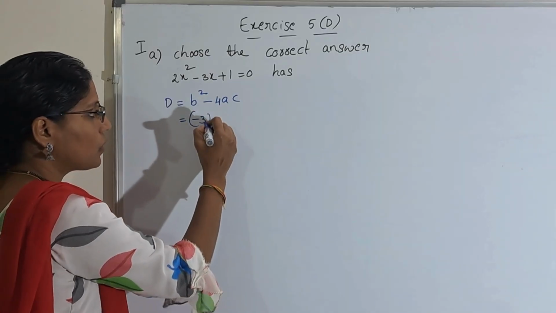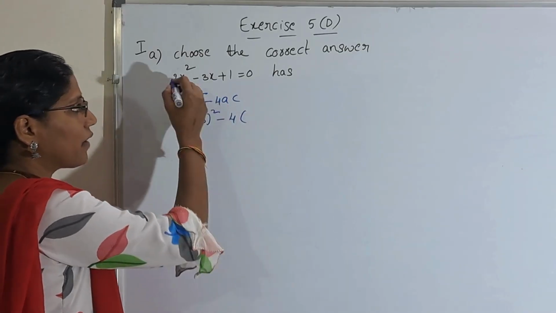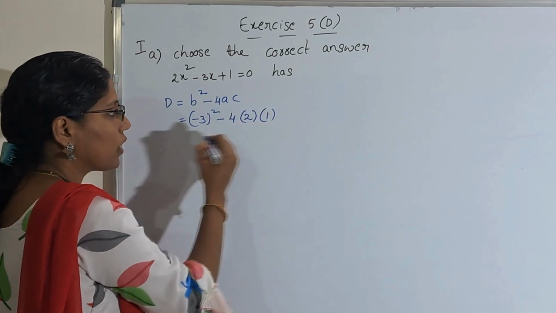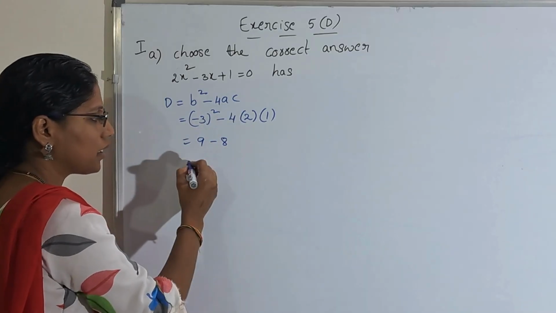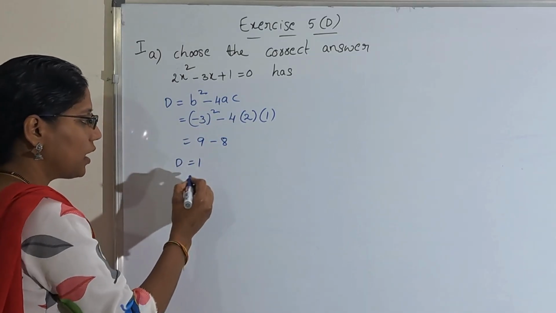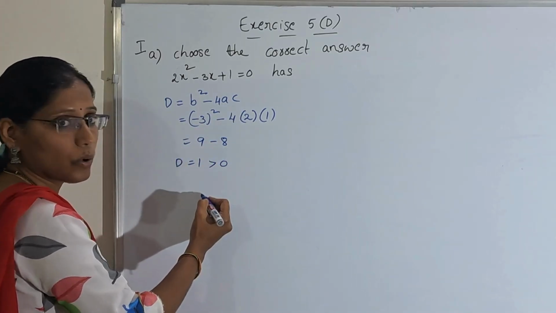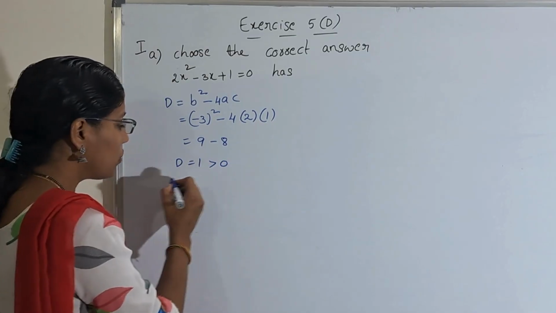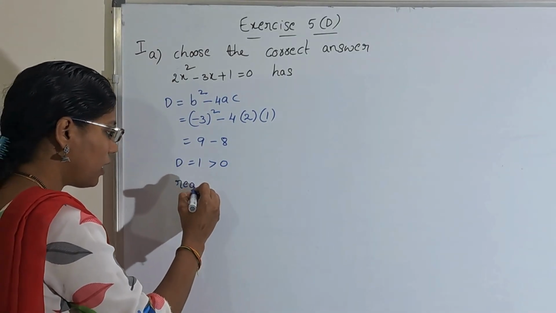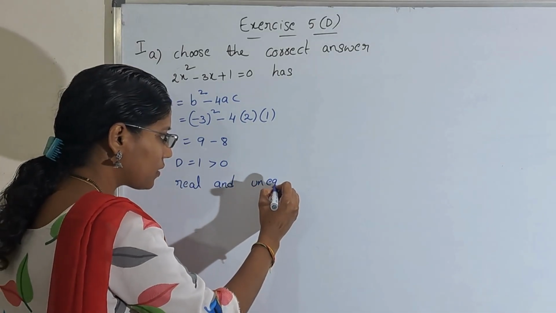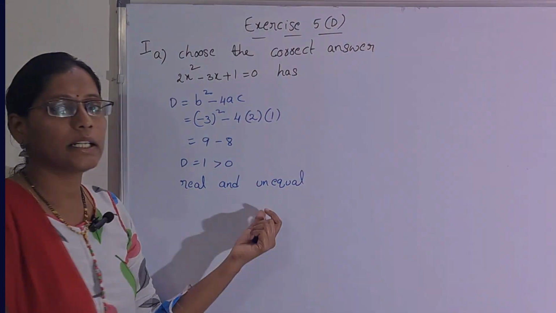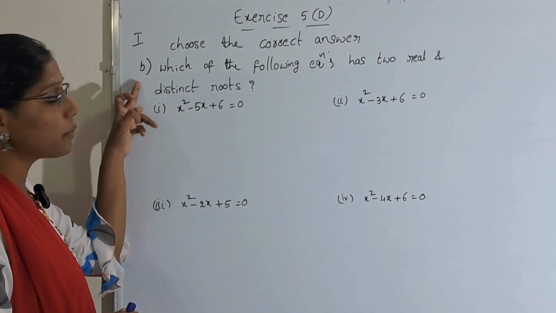Minus 3 whole square, minus 4 into a value 2, c value 1. Here 3 threes are 9 minus 4 twos are 8. 9 minus 8 is 1. Here d is greater than 0. D greater than 0 means roots are real and unequal roots.